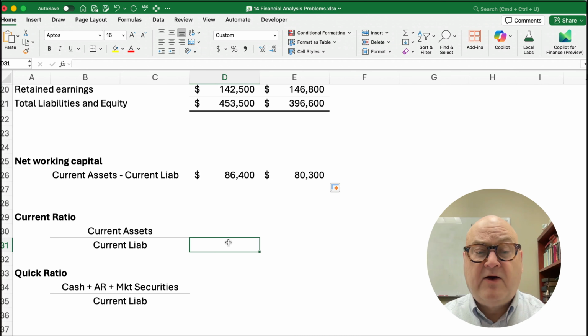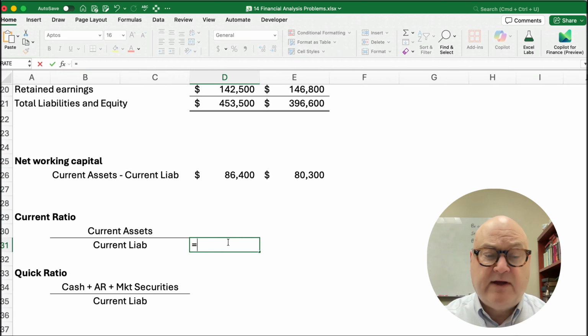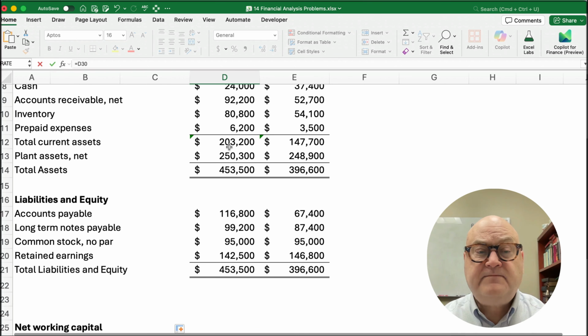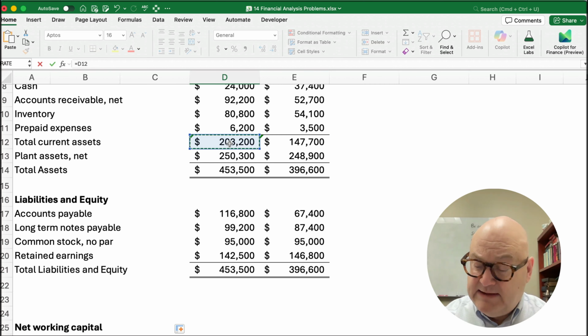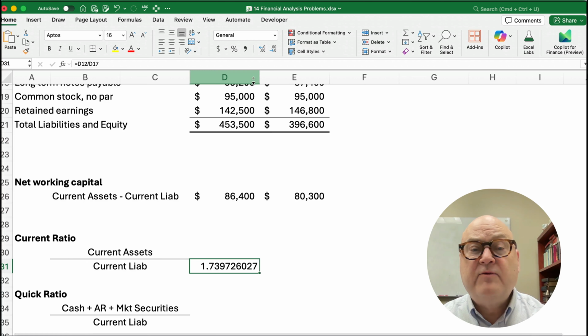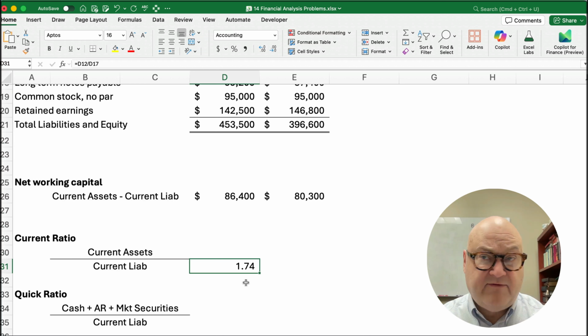All right, so the current ratio uses the same numbers, except it takes current assets divided by current liabilities. So current assets is 203 divided by the 116. We're going to get a long number here, and we're going to make it two decimal places. So it's 1.74.